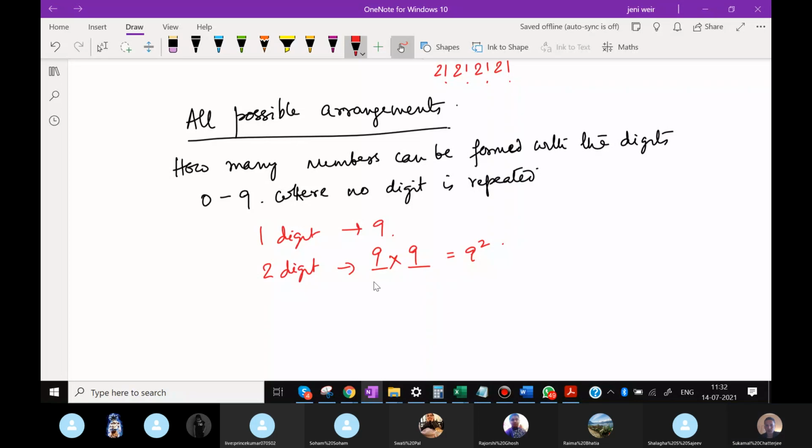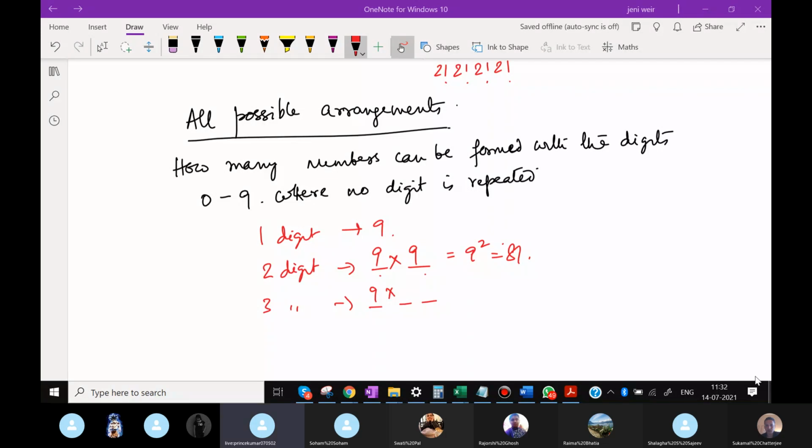So a 2-digit number can be formed in 9 into 1, which is 81 ways. A 3-digit number can be formed in 9 into... Yeah, so in the previous example, we are dividing by 4 times. Sir, is it required to divide it 4 times? Because we are not counting A, R, R twice.